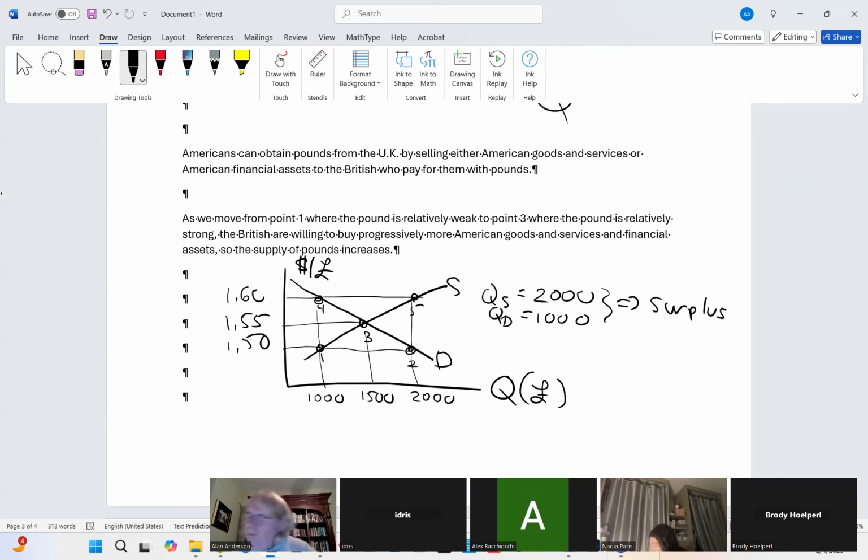In other words, more pounds are being made available to the United States than Americans are willing to buy. But down below here, we have the reverse situation. The quantity supplied is only 1,000 at 0.1. Quantity demanded is 2,000 at 0.2. So now the shoe's on the other foot. People in the United States want to buy a lot more pounds than the British are willing to supply to us. So this is referred to as a shortage.